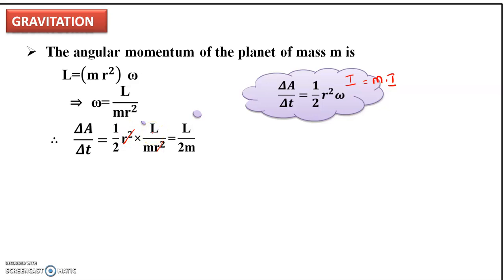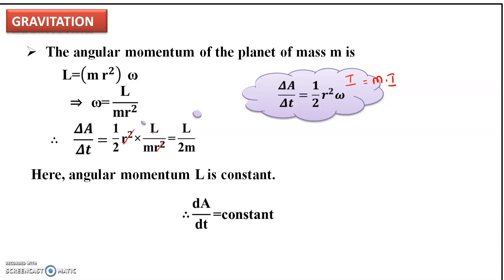L by 2m. 2 is a numerical value, m, the mass of the planet, remains constant, and L, the angular momentum, is also constant. That means delta A by delta T, or dA by dt, is a constant.